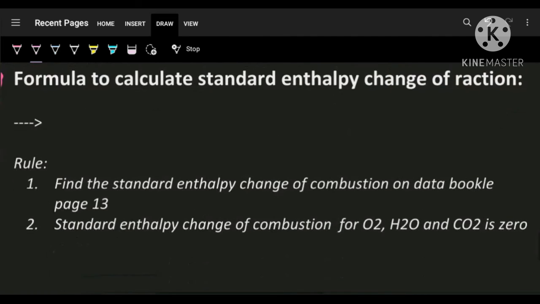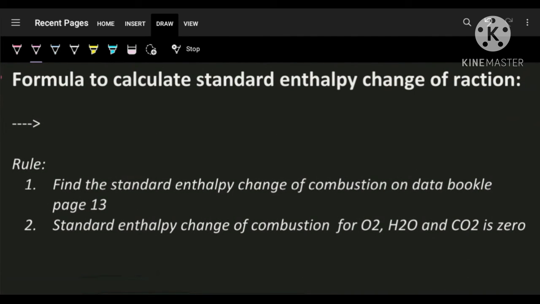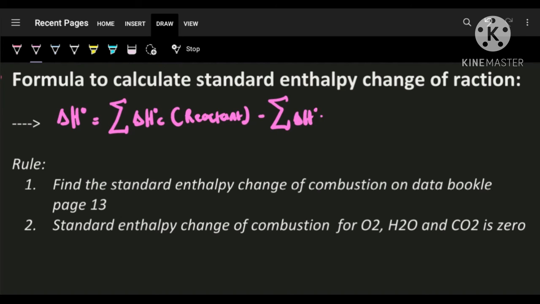Okay, the formula to calculate the standard enthalpy change from standard enthalpy change of combustion is: standard enthalpy change equals the sum of standard enthalpy change of combustion for reactants minus the standard enthalpy change of combustion for products. And it has two rules. First, find the standard enthalpy change of combustion on data booklet page 13.